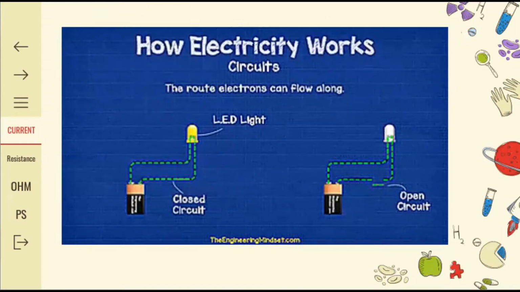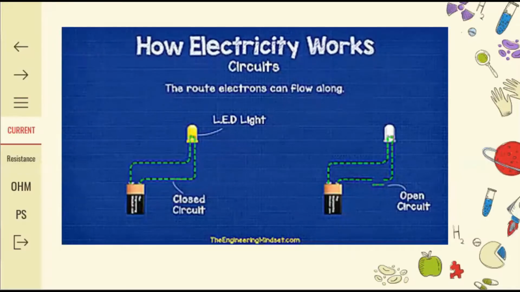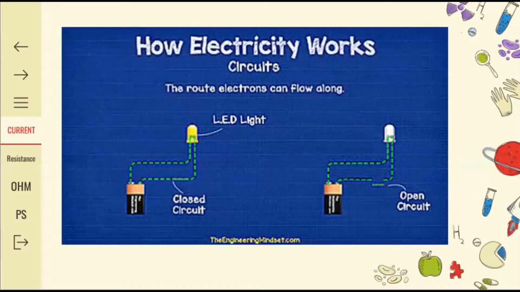So from the voltage source to the load, which in this example is the LED light, and then going back to our power source, which is our dry cell or the battery. On the other hand, an open circuit is a kind of circuit where there is no route in which the electrons are flowing.